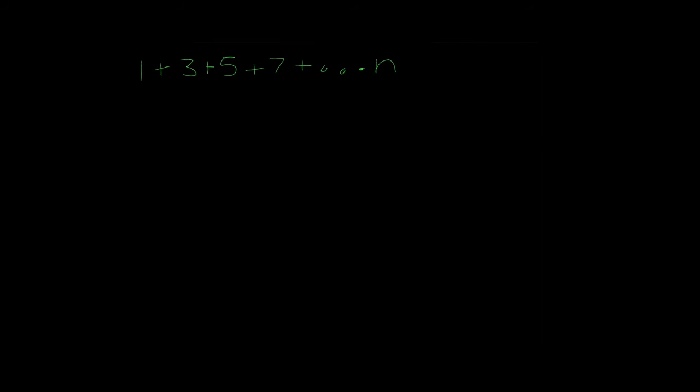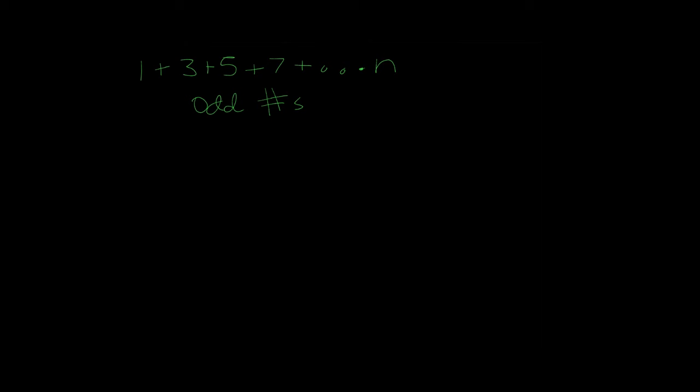So this is the general case. It's pretty similar to the last special case, except instead of adding all the positive integers from 1 to n, we're only adding the odd numbers. So if you see a series like this, you'll know it's this special case.